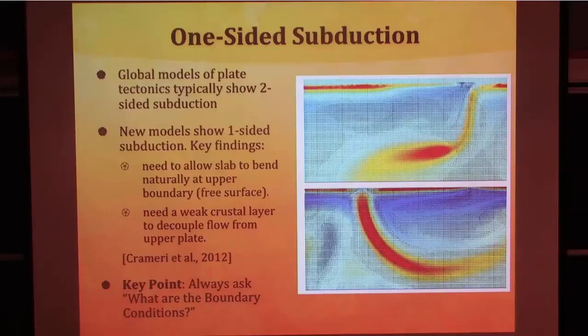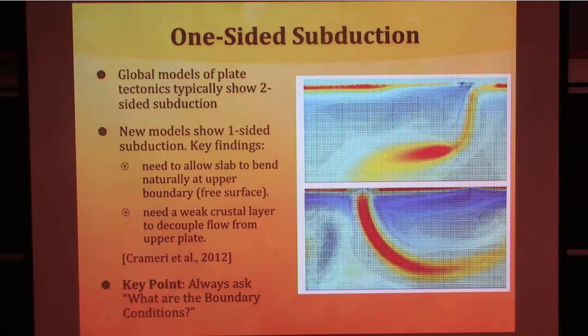The free slip boundary condition basically means that you have a wall, and you can't flow up against it. The velocities coming up go to zero, and so the flow has to be tangential to that surface. Now, the Earth does not have a free slip boundary condition on the top. It has a free surface. The surface of the Earth can move up and down.